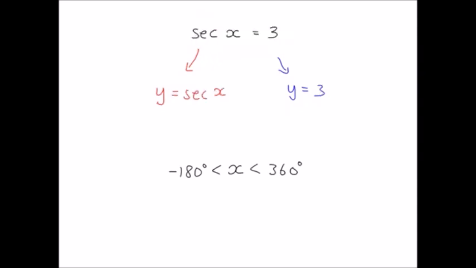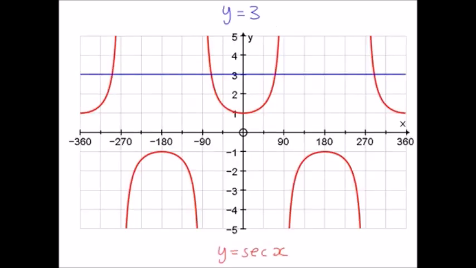Now we're going to look at the graphical solution to this equation. Secant x is equal to 3. So on the same graph, if we have a look at the sketch of y equals secant x and y equals 3, on the graph here we have secant x, these distinctive U and N-shaped curves, and we have the horizontal line y equals 3, and where they're equal to each other are in these positions here.